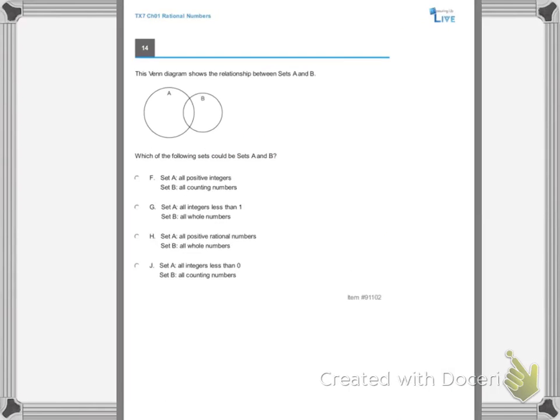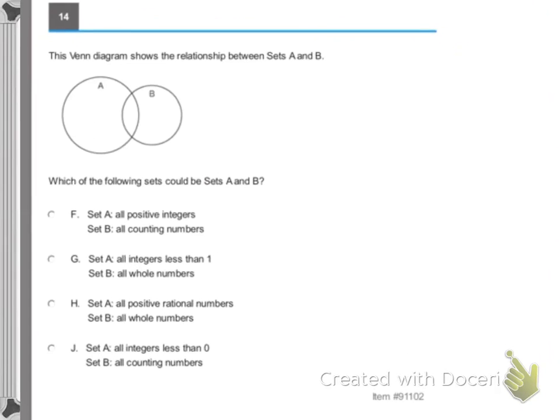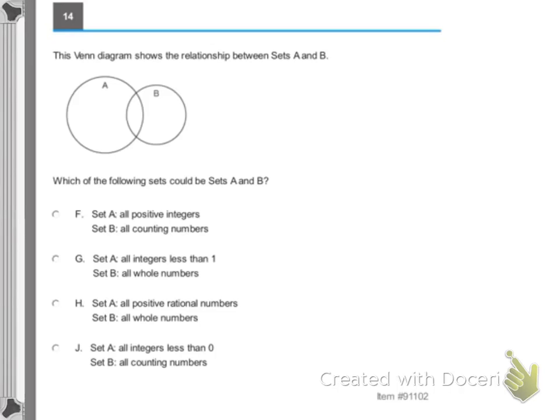14. The Venn diagram shows the relationship between sets A and B. Which of the following could be sets A and B? Okay, so let's look at F. Set A is all positive integers.